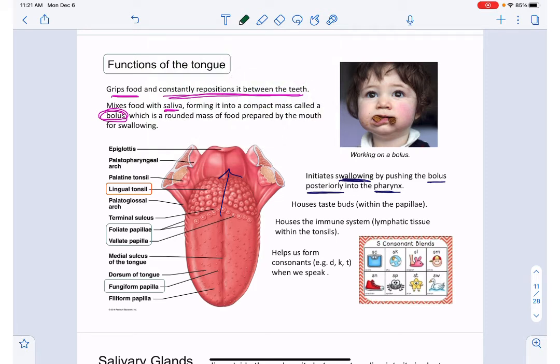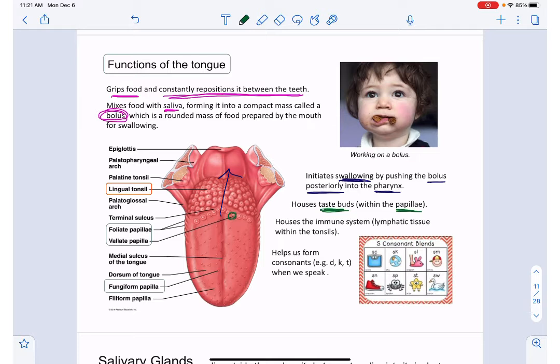Some other things that are going on with the tongue. There are taste buds within the tongue. You have what are called these different papilla. Papilla is a term that you'll see in many places with regards to anatomy. There's renal papilla, adrenal papilla, dermal papilla, and really all that means is nipple-shaped. So anything nipple-shaped you call a papilla.